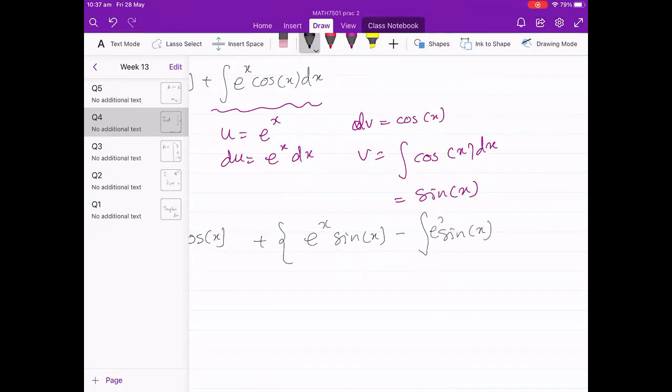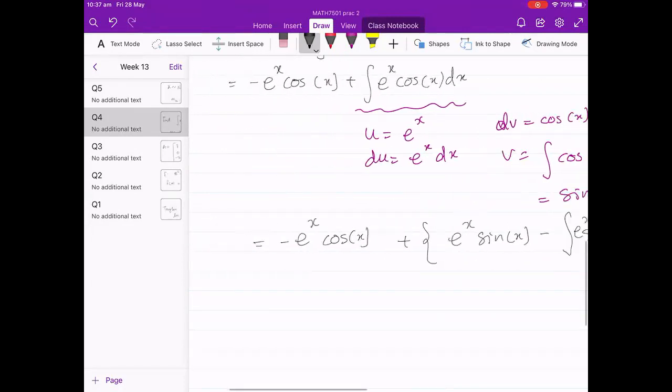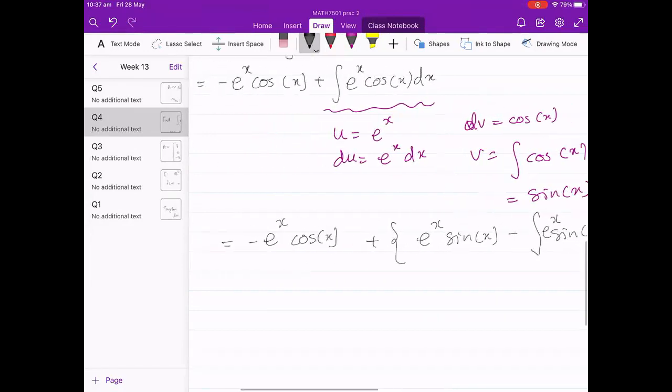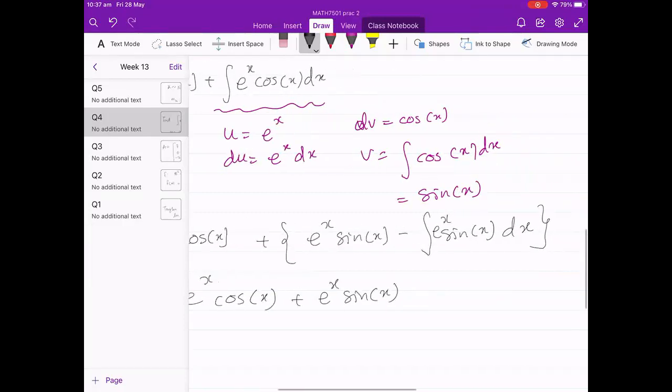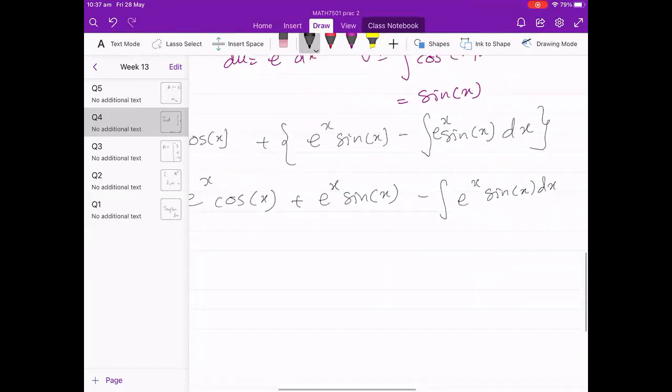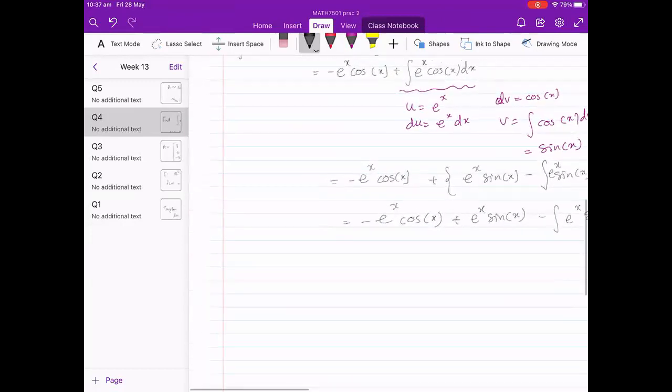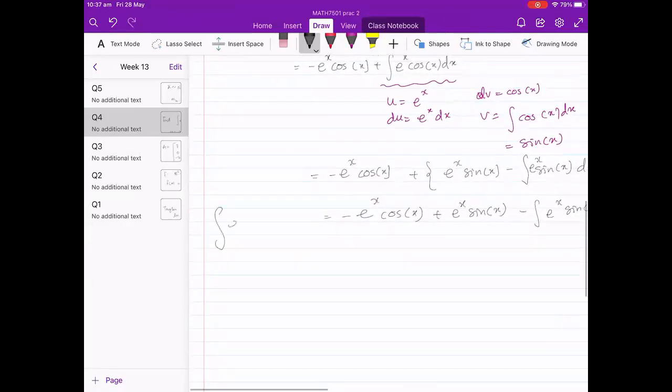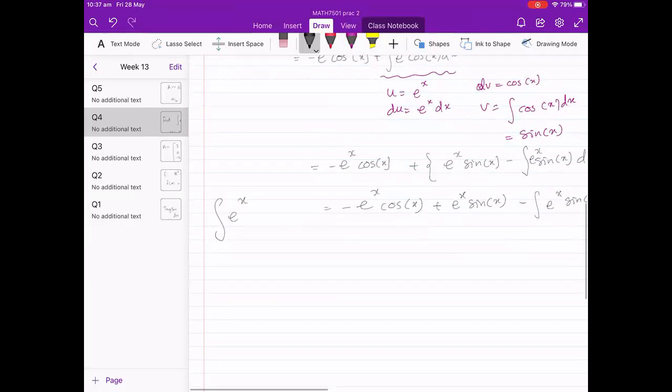Du is e to the power x dx. Okay, that gives us minus e to the power x cos x plus e to the power x sin x minus the integral of e to the power x sin x dx. Okay, are we getting anywhere? Remember, your left-hand side is the integral of e to the power x sin x dx.